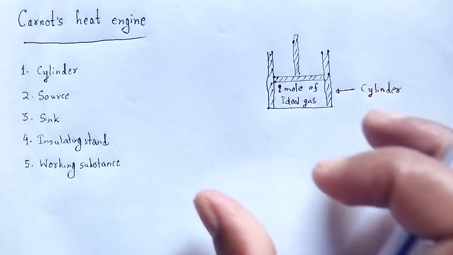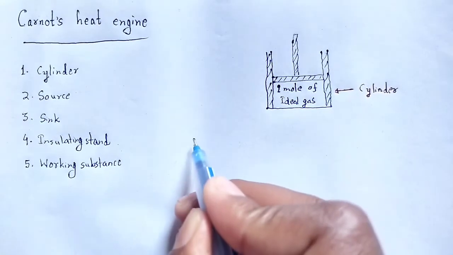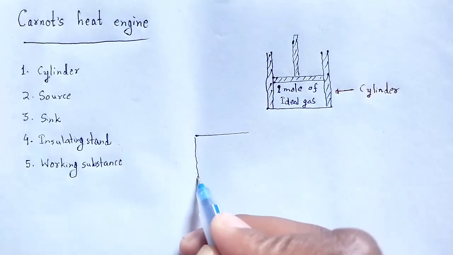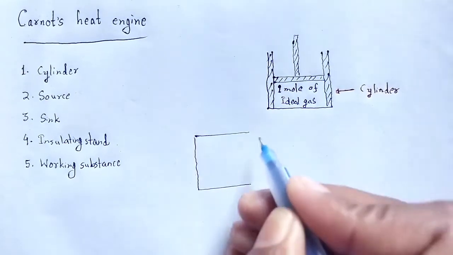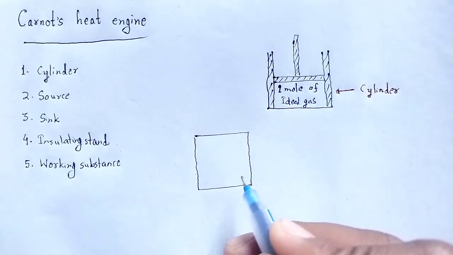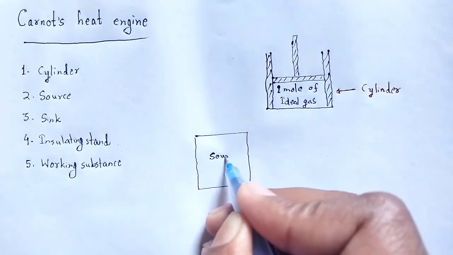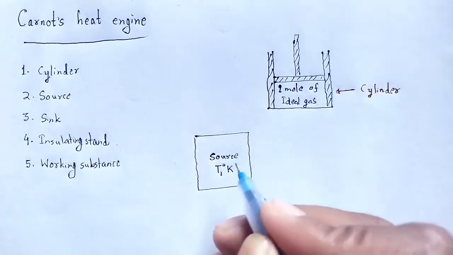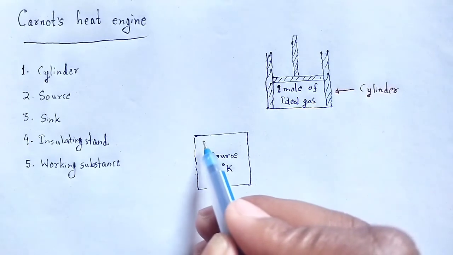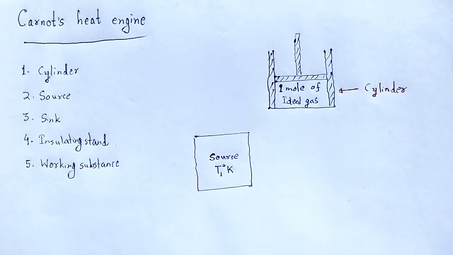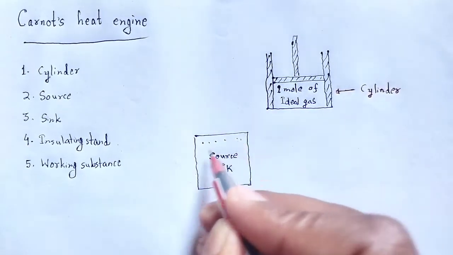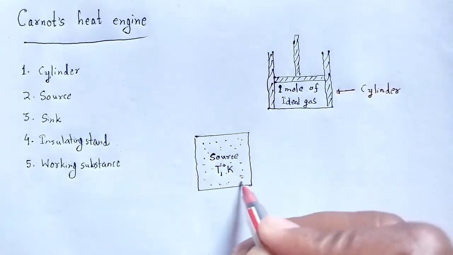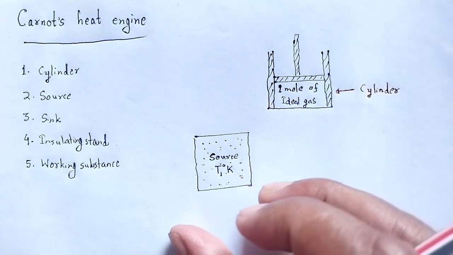So, let me draw the source. This is the source at T1 degree Kelvin. That is a hot body.